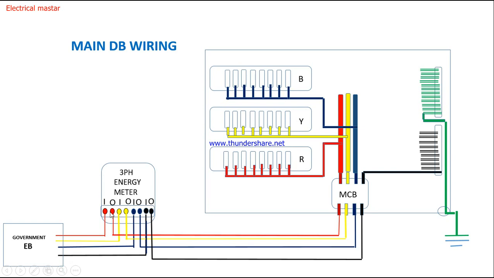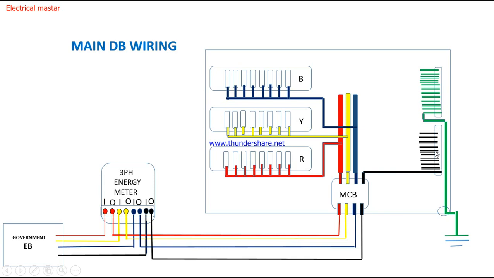You can see here 4 incomers and 4 outgoings. For the R phase, in is connected and out is taken. Y phase, in is connected, out is taken. Blue phase, in is connected, out is taken. Similarly neutral. All the outgoing R, Y, B supply will be connected to the 4-pole MCB and neutral will be directly connected to the neutral bus bar.